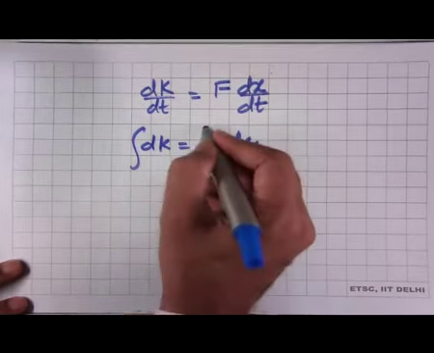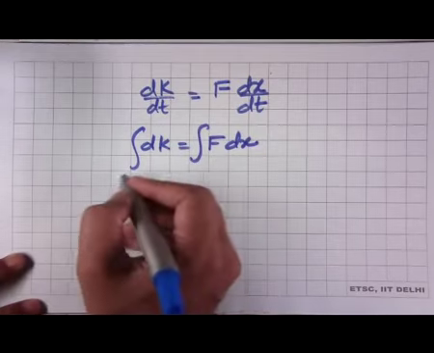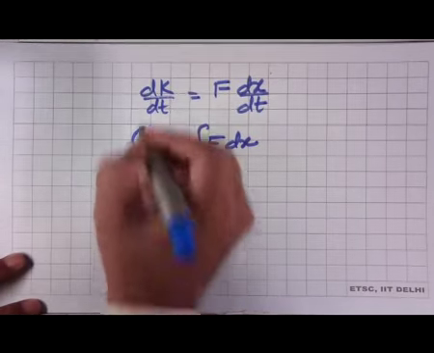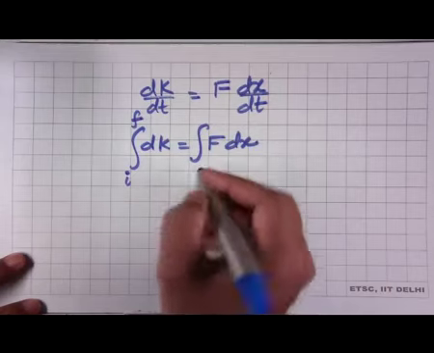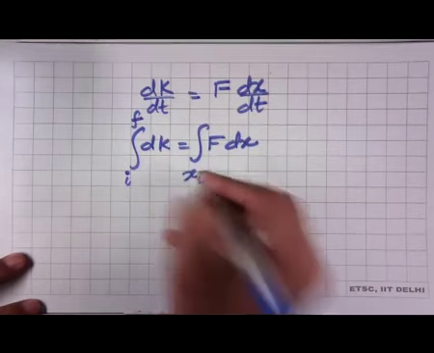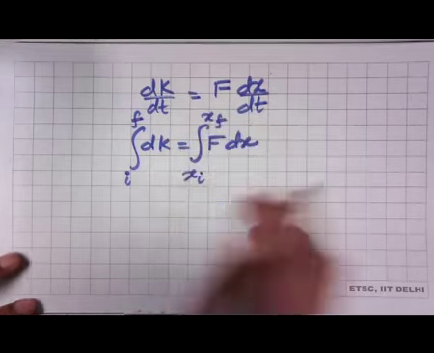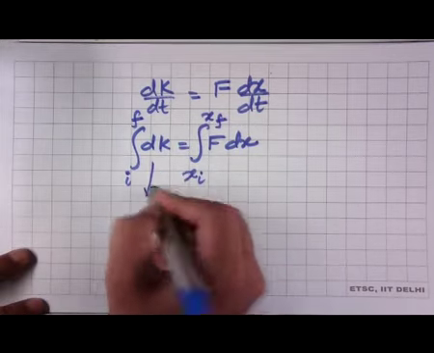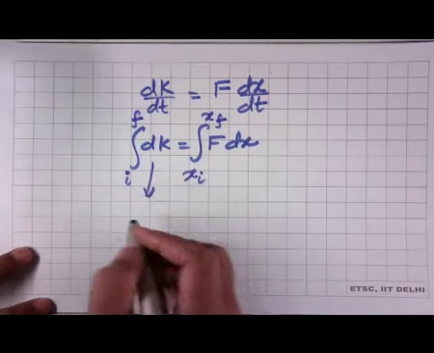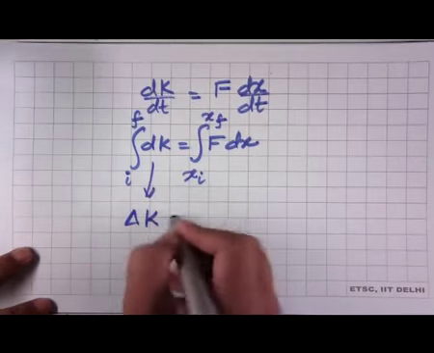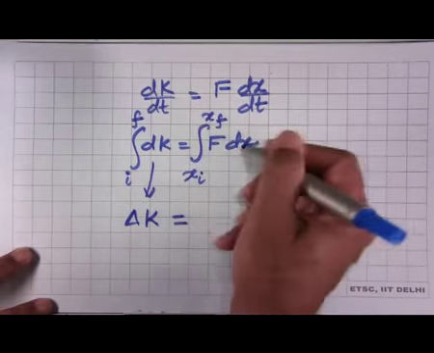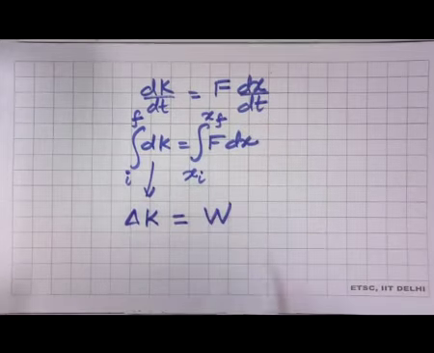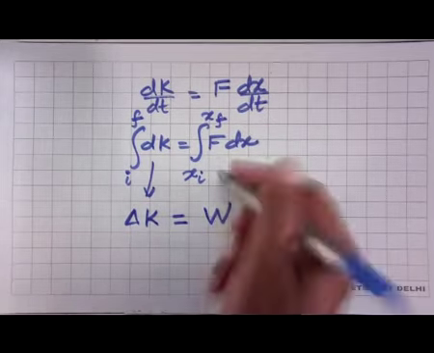If we integrate this, we get the integral from state I to state f of dK equal to the integral of F dx from xi to xf. The integral of dK from I to f is nothing but the change in kinetic energy, and the integral of F dx from xi to xf is nothing but the work done by the force F.